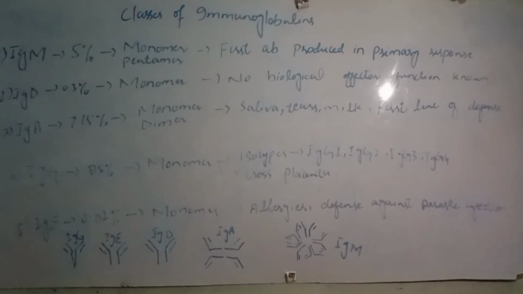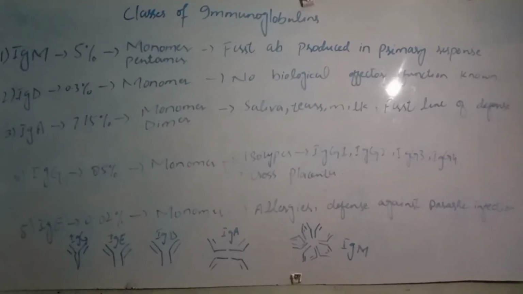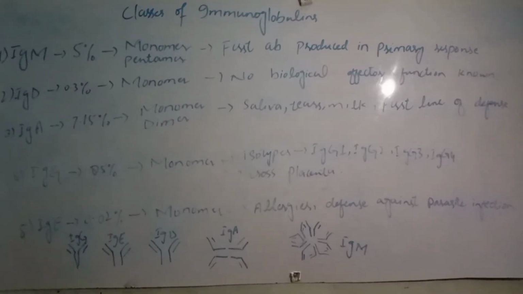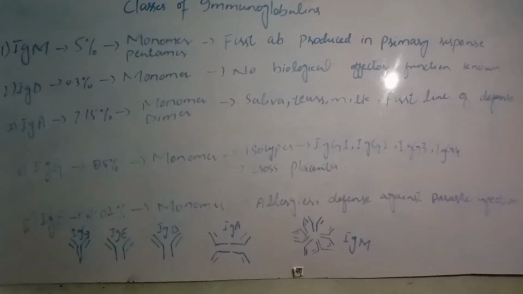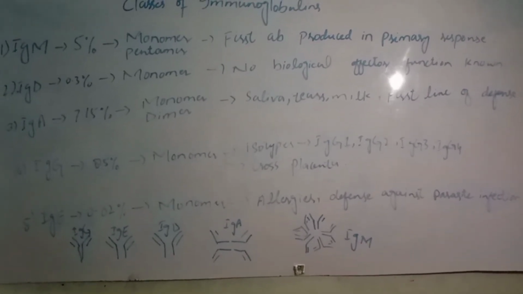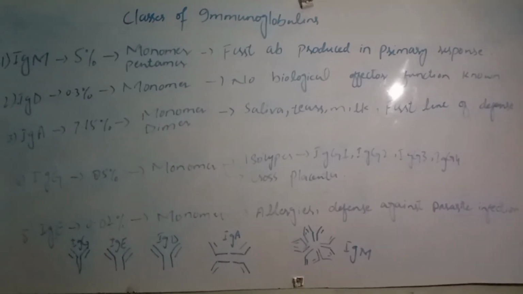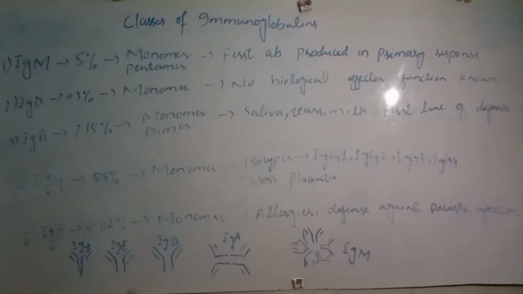It is the first line of defense against infection by microorganisms. It is found in gastrointestinal, respiratory, and urogenital tract mucosa. Its main function is that it prevents the colonization of pathogens.